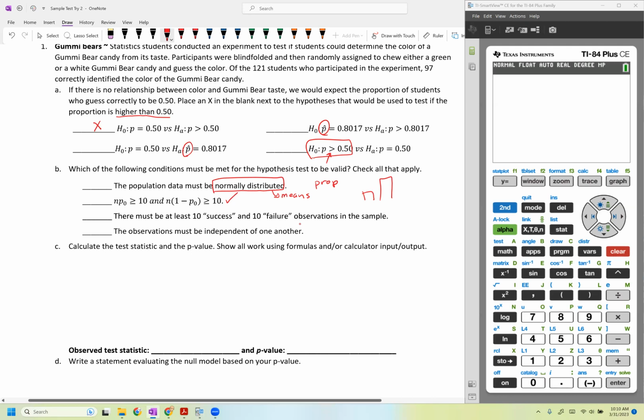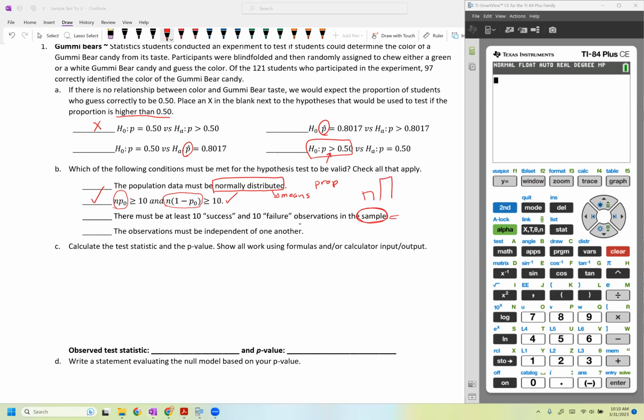This one is the correct answer, which we would define as the expected number of successes is greater than 10, and the expected number of failures is greater than 10. Now, this answer looks really similar to that, but it's talking about not the expected number, but rather the ones that we actually saw in the sample.